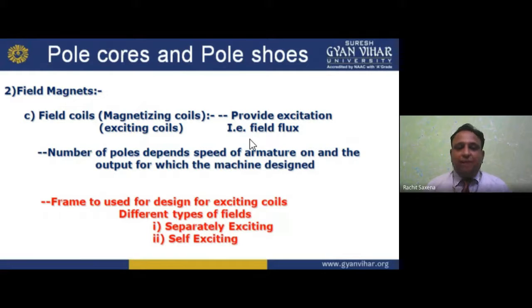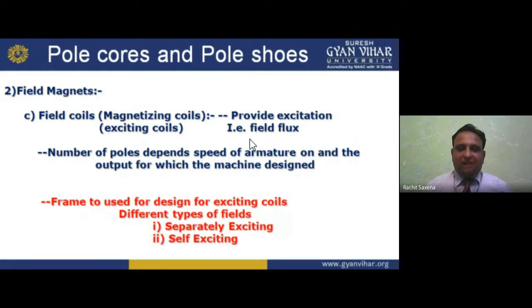Now, the number of poles depends on the speed of the armature and the output for which the machine is designed. Here we have the field and the armature, and the armature rotates.